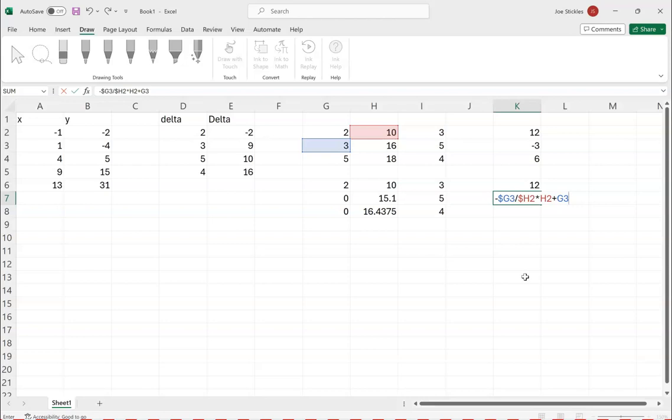But I want to multiply this by what? Not H2, but what do I want to do? I'm doing -3. I want to get rid of this. I want to work off of this 12 and work down to the -3. Right? I'm trying to work in this constant column. This is the ratio I want, but what do I need to multiply this by now?